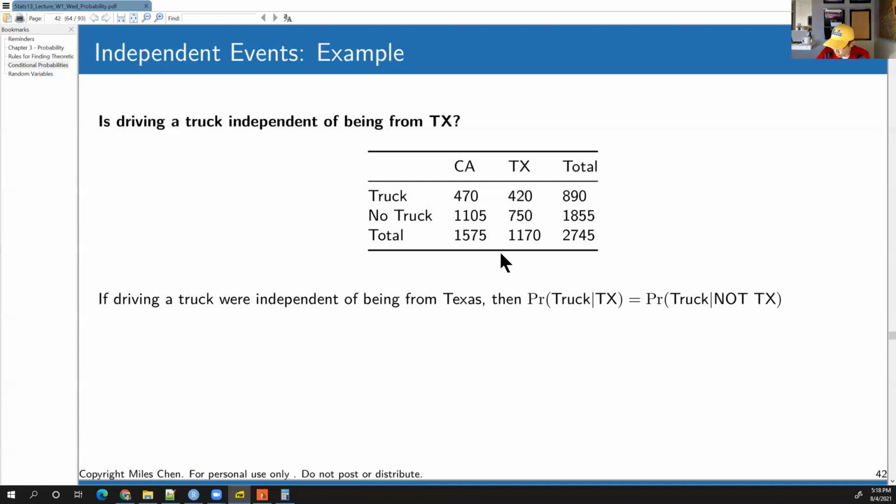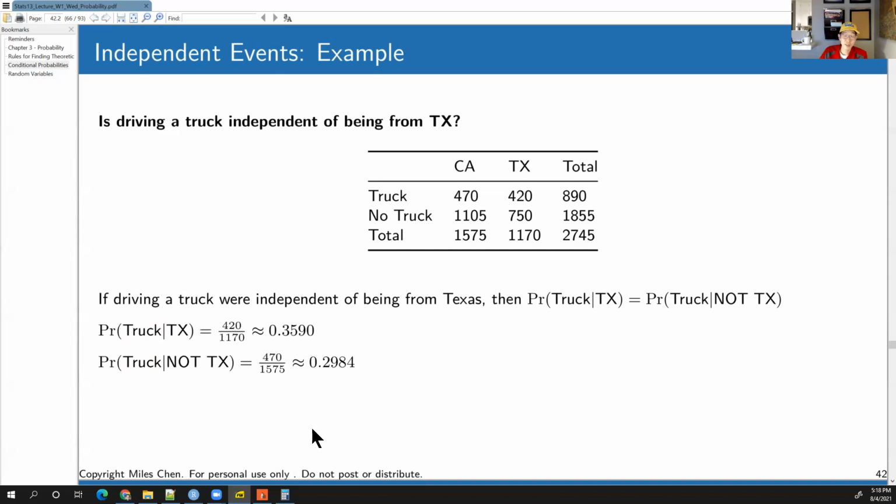And according to our table, what we find is, what's the probability that someone drives a truck if we know they're from Texas versus what's the probability that they drive a truck if we know that they're not from Texas? What we find out is that if we know somebody is from Texas, then the probability that they drive a truck is a higher number. There's a higher probability that they drive a truck than if they're not from Texas.